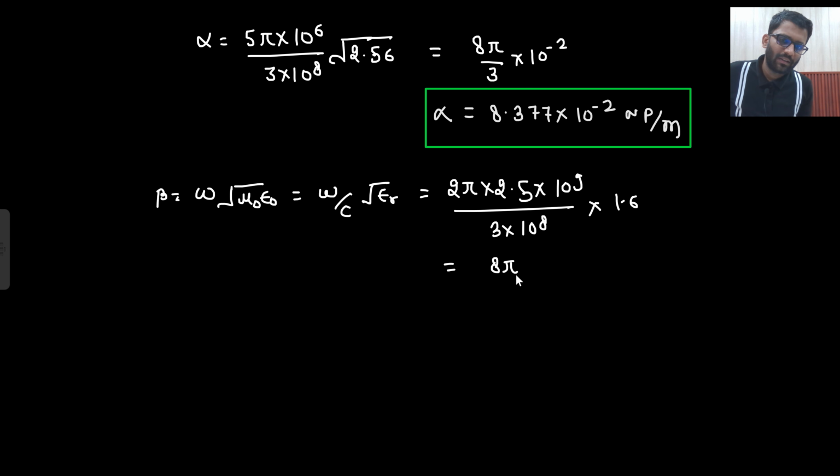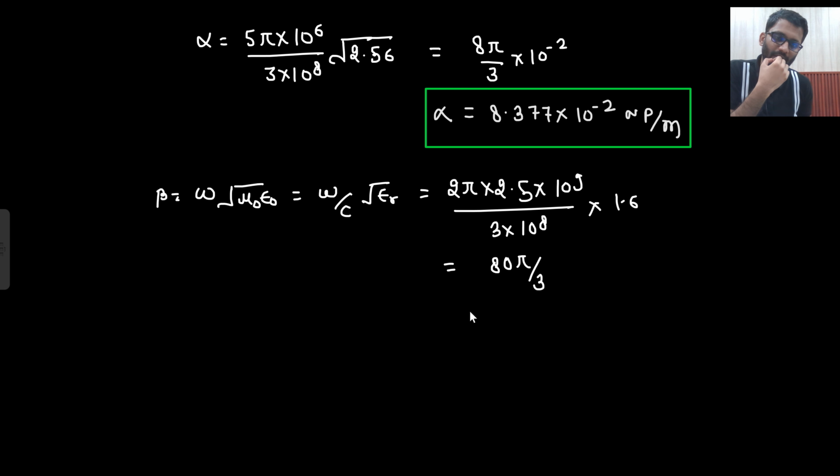So 10 to the power minus 2 is not there now. Here 10, 16, 5, 80. 80 pi by 3 are you getting or 8 pi by 3? Let me check. Yeah, 80 pi by 3 I am getting, not 8 pi by 3.